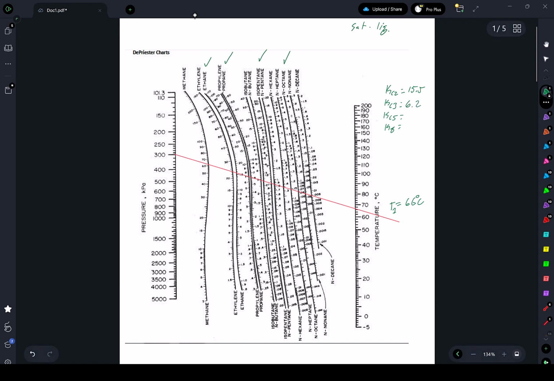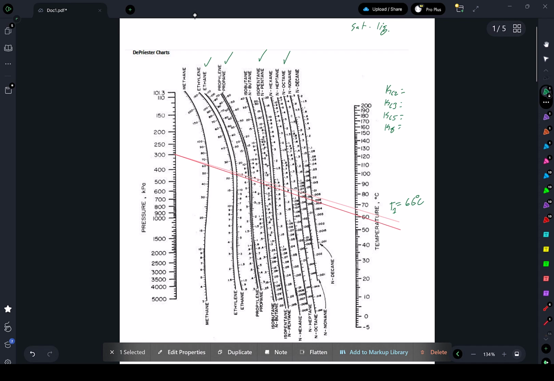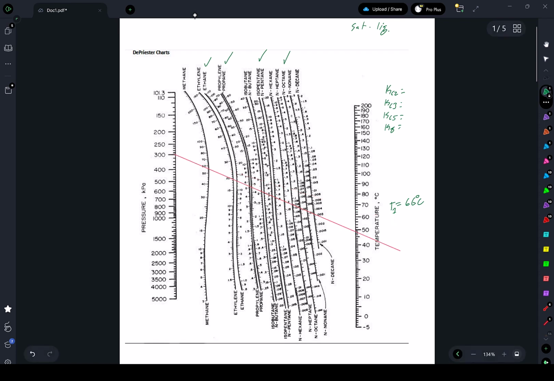And then for our isopentane, oh, I incorrectly did this because we want our isopentane to be lower than 1. So let's do this again.